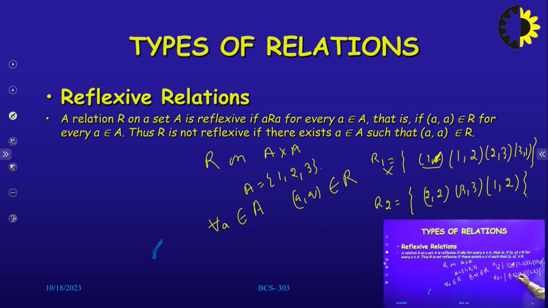In this relation (R2), (2,2) is present and (3,3) is present, but (1,1) is not present.